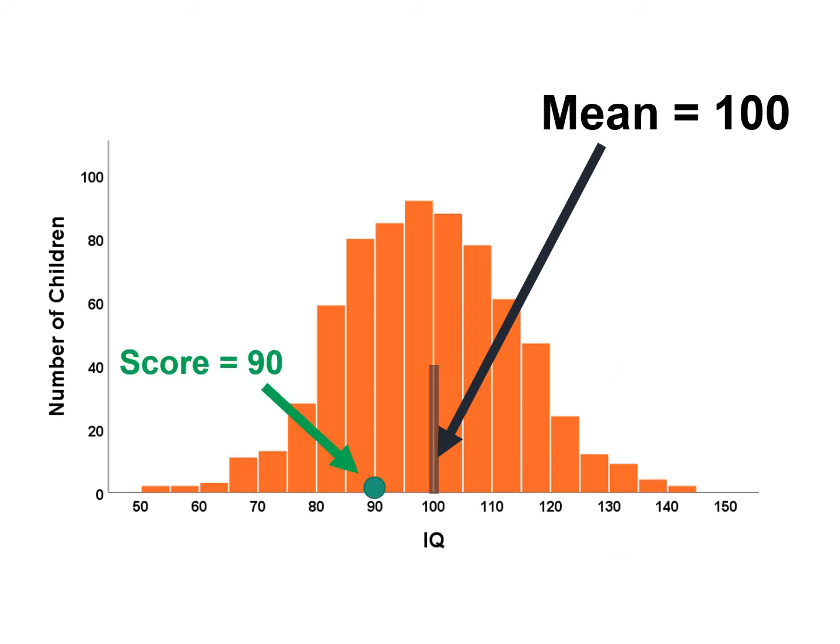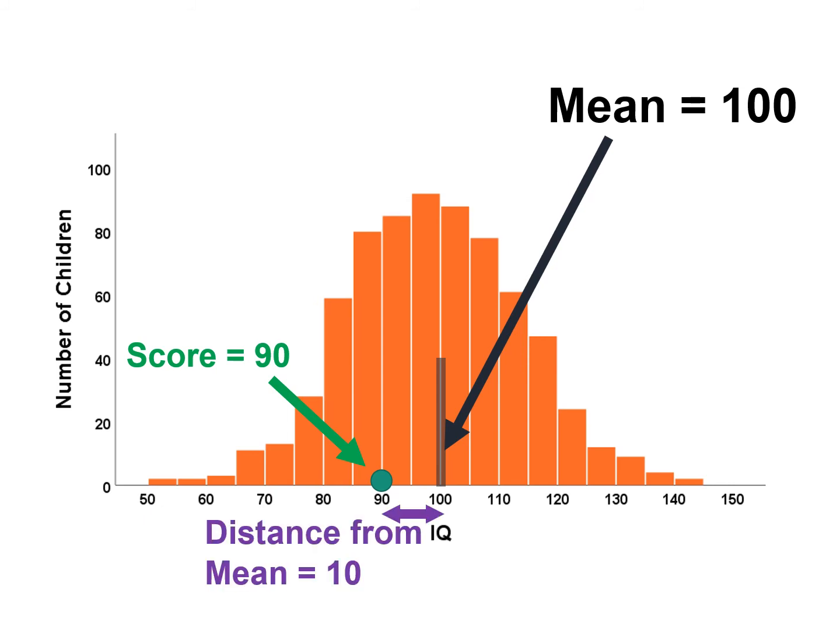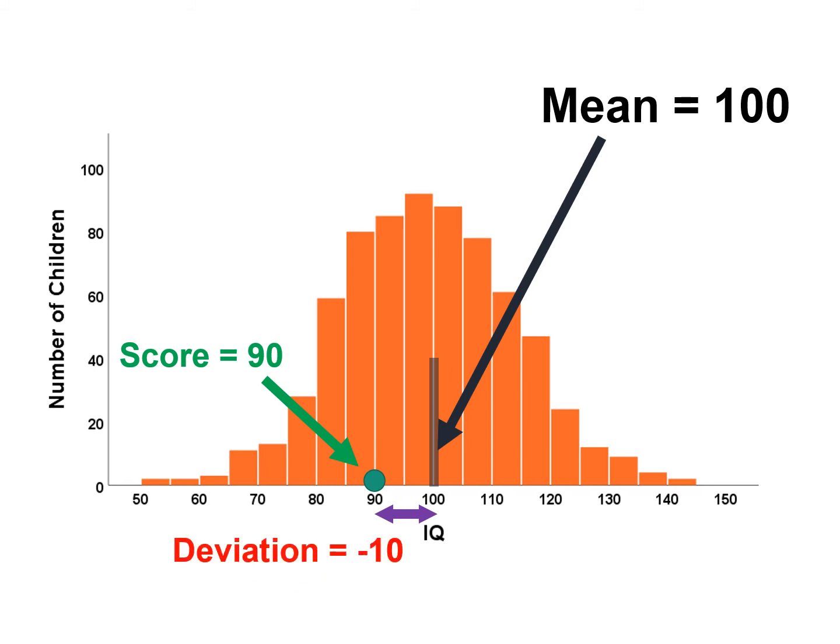Now let's try it with a child whose IQ score is 90. What is the distance from the mean for this score? The distance from the mean is 10. But here's something really important. The deviation is not 10. The deviation is actually negative 10. Here's the reason. When the score is less than the mean, the deviation is always negative.